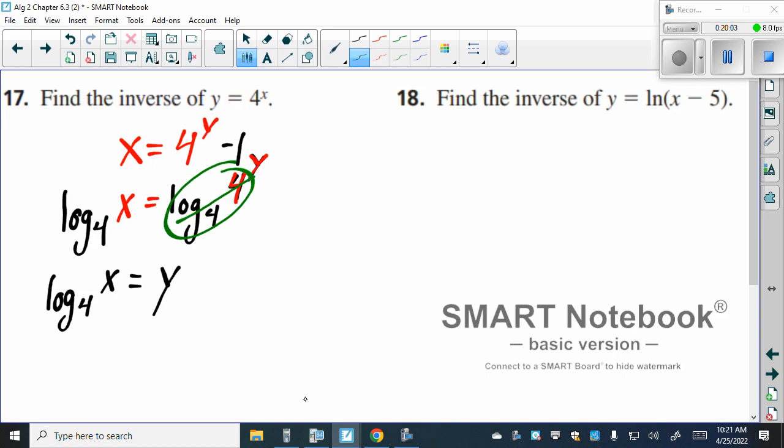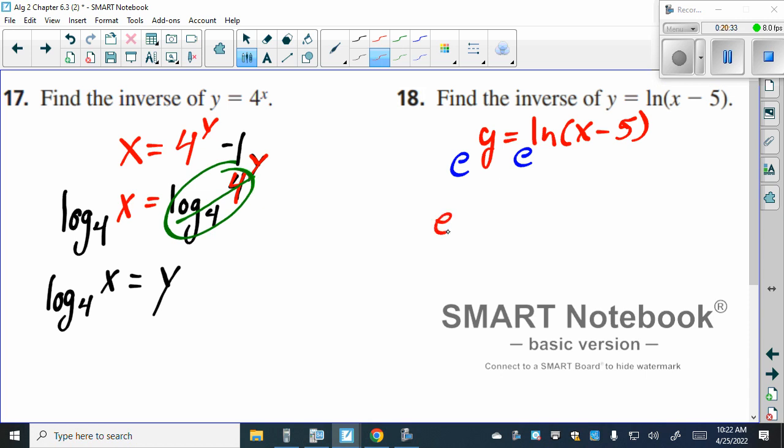Questions on this here? Let's look at the last one because I think this is the last problem of the day. We have y equals ln of x minus 5. Now we can use our switching method, or we can apply e. Which one do we want to do? Apply e. Well, we'll need to switch x and y here in a minute, but we can do this first.